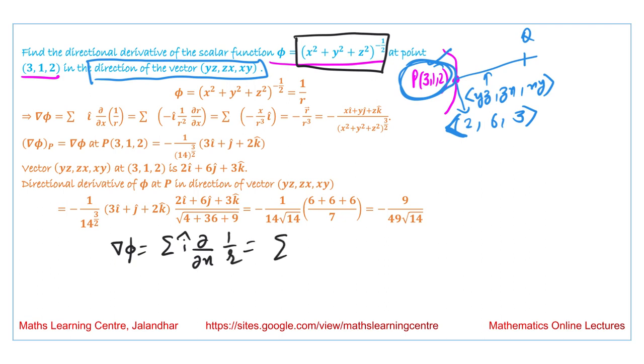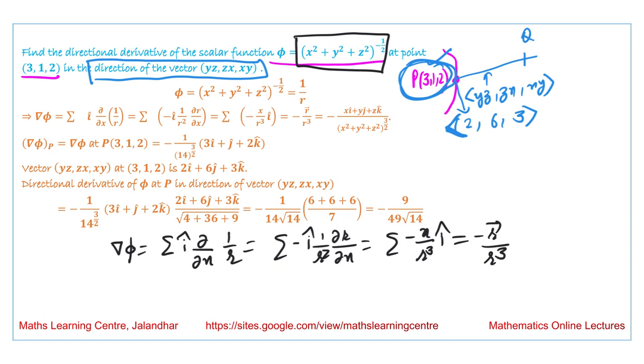The answer we get is sigma minus i cap 1 by r square curly r by curly x, and curly r by curly x is x by r. So we get x over r cube i cap, which is equal to minus r vector over r cube.